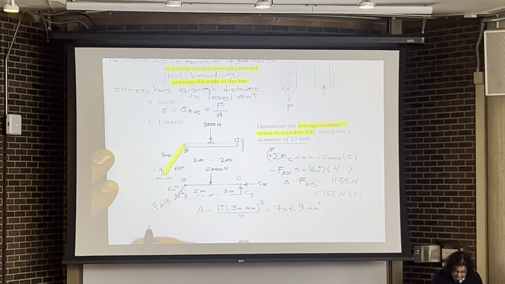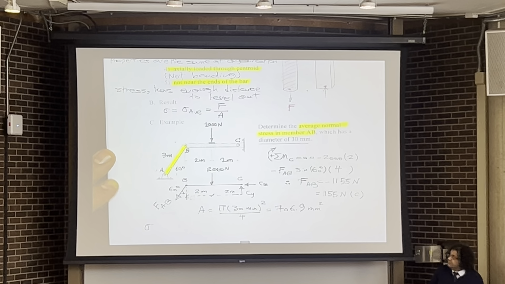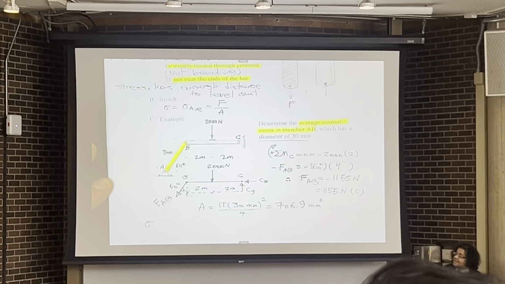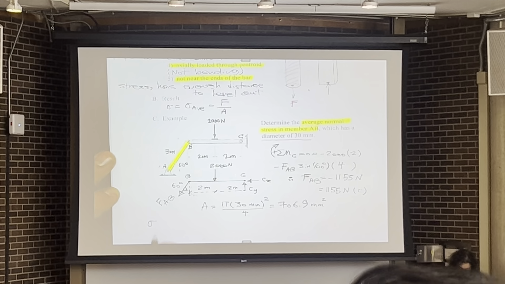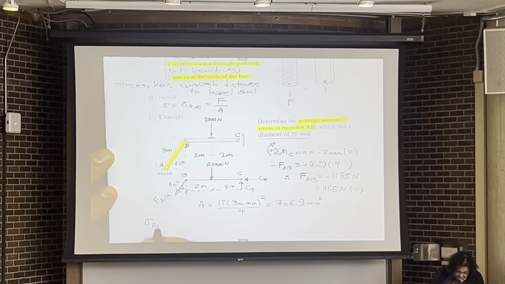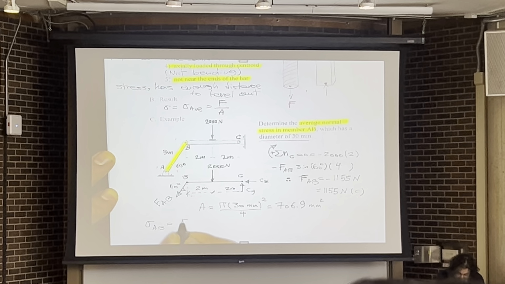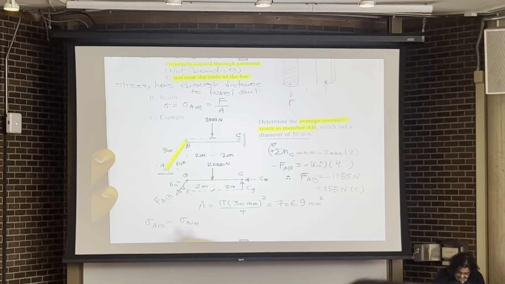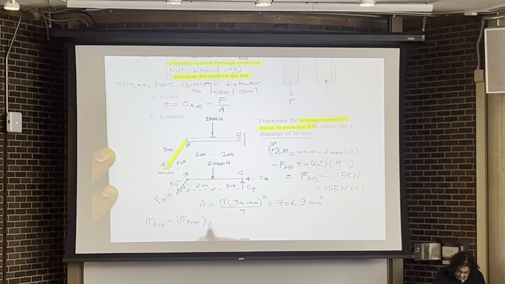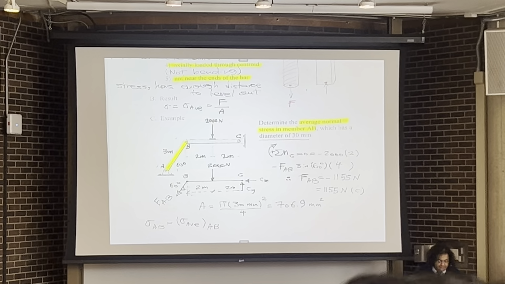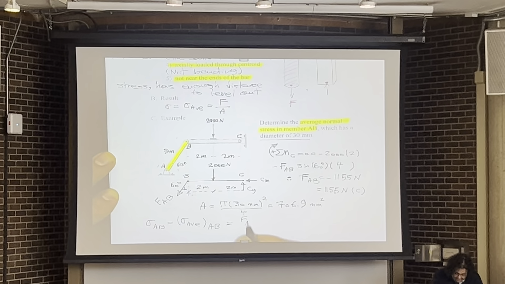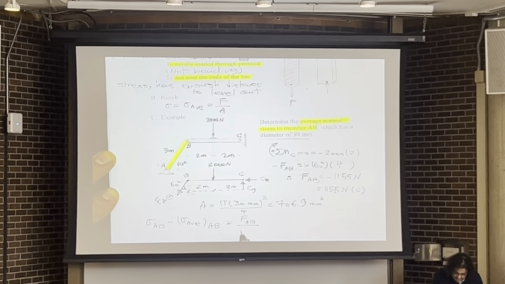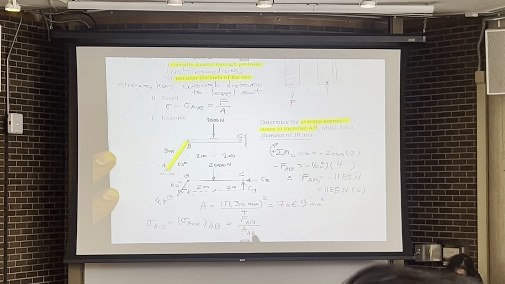So I'm going to say the normal stress at any point across the cross section of member AB is going to be equal to the average normal stress on every cross section of AB, and it will be equal to the force in member AB divided by the area of member AB.